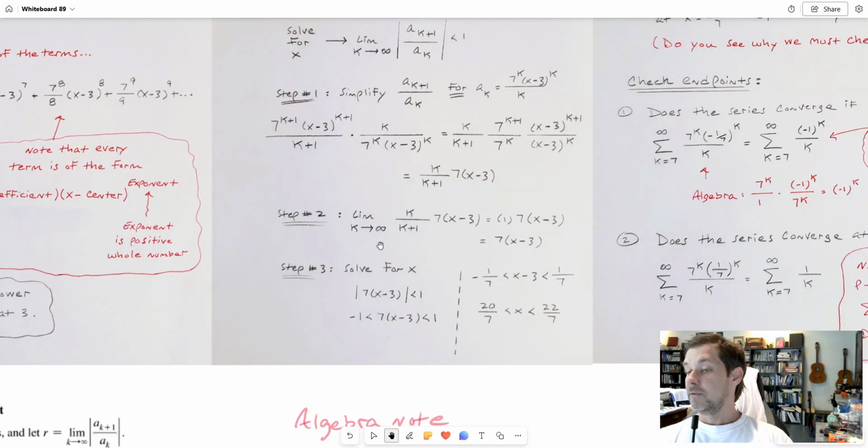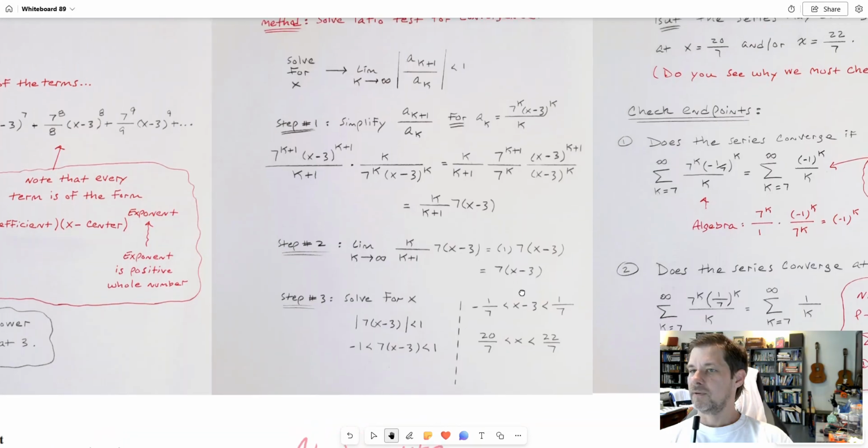Now, if k goes to infinity, that's not going to affect this 7 right there, and it's not going to affect what x does either, because x is different than k. k going to infinity is only going to affect or determine what k over k plus 1 is. Now, if k goes to infinity, k over k plus 1 has a limit of 1. So this expression that I ended up with in my first step, once the limit is applied, is going to be 1 times 7 times x minus 3, or just 7 times x minus 3.